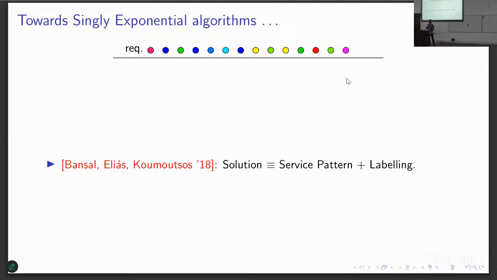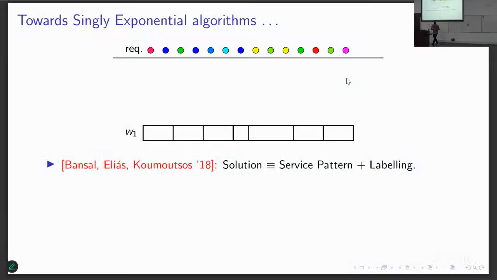Before going into our approach, I will define a few notations that are useful in explaining it. Any solution to the weighted case server problem can be decomposed into two parts: a service pattern and a labeling. So what is a service pattern? First, let's consider the movements of this server W1.